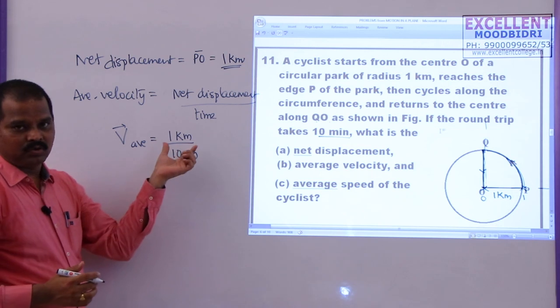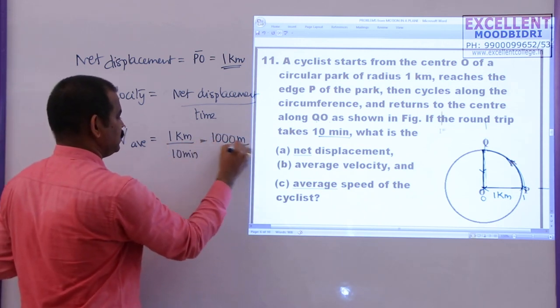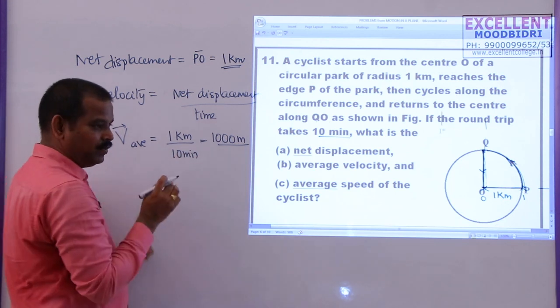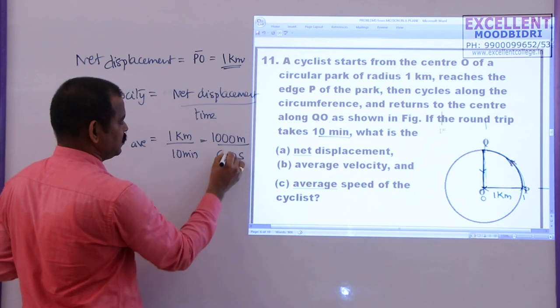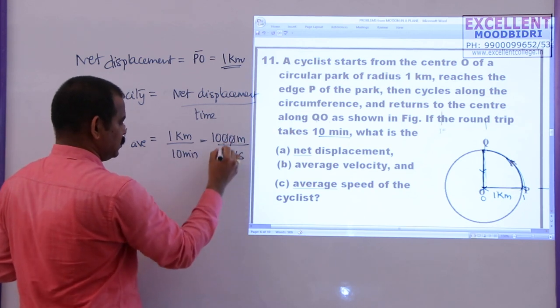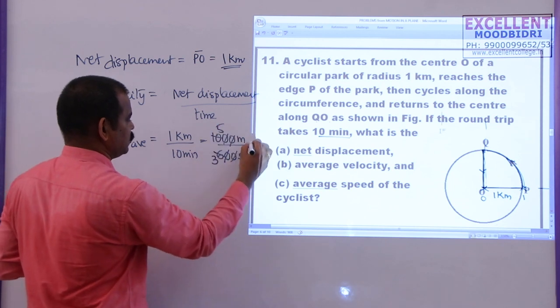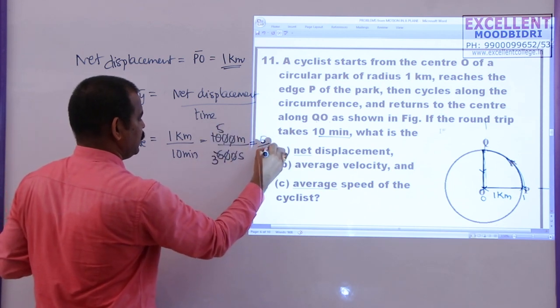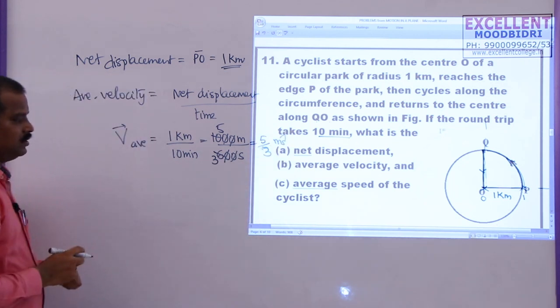So we have to convert this into meter per second. Kilometer means 1000 meters. 10 minutes means 1 minute is 60, so 10 into 60 is 600 seconds. So the zeros get cancelled. This will be 10 by 6. So 2 3s, 2 5s. So this will be 5 by 3 meter per second. This is the average velocity.